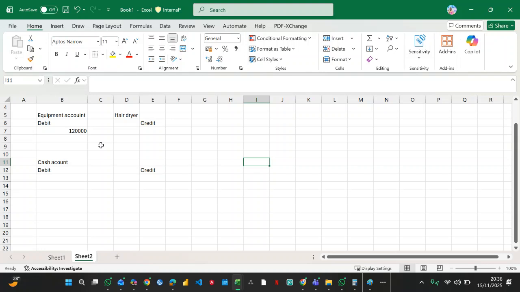I'm not 100% sure if I'm right, but please correct me where I'm wrong. I'm guessing that it depends on the question to know where to impute debit and where to impute credit, to know who was debited and who was credited.